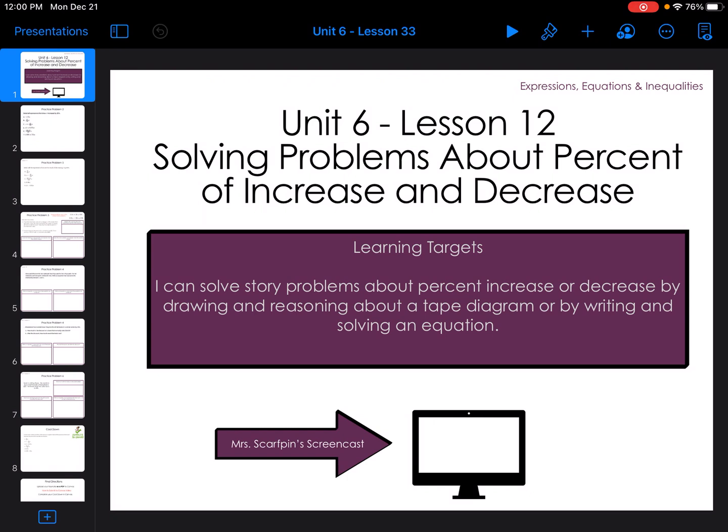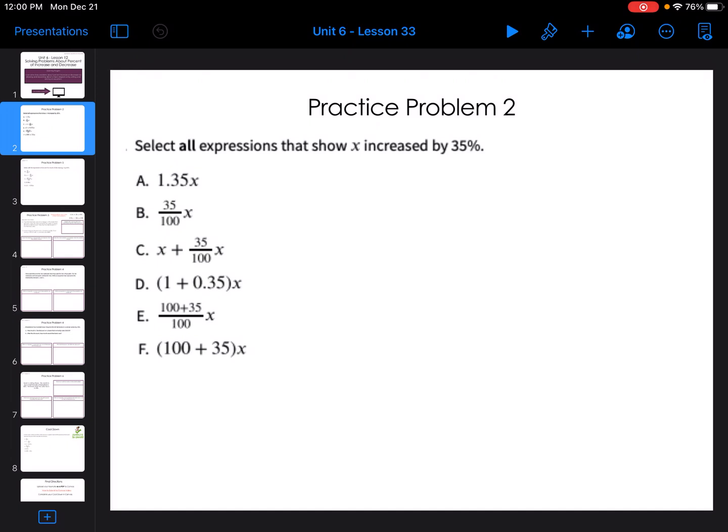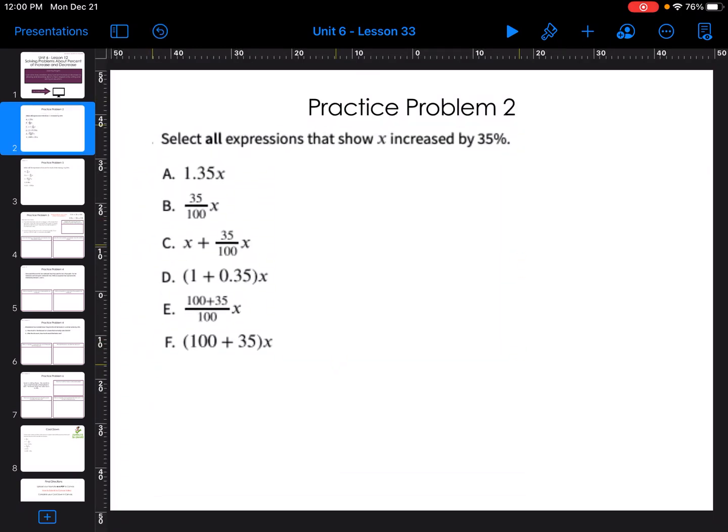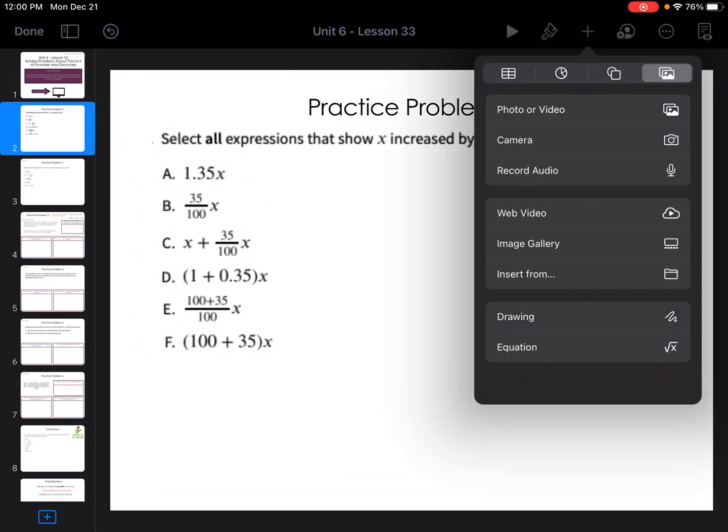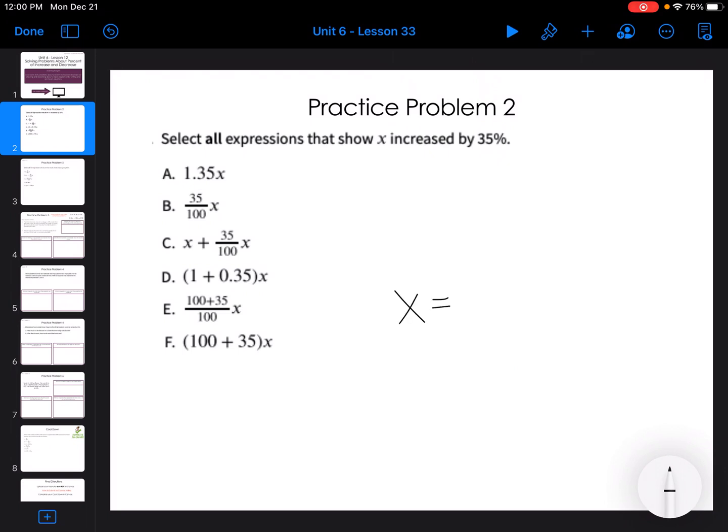So we did a lot of this already this year. They want us to circle all the expressions that show x is increased by 35%. Now, I want to remind you that x is automatically 100%.